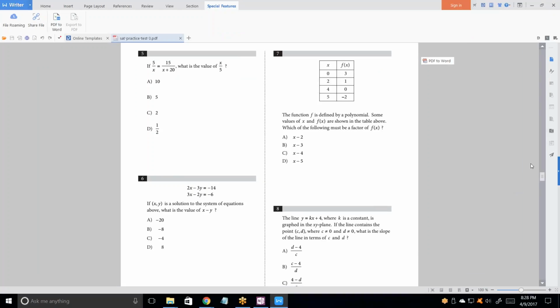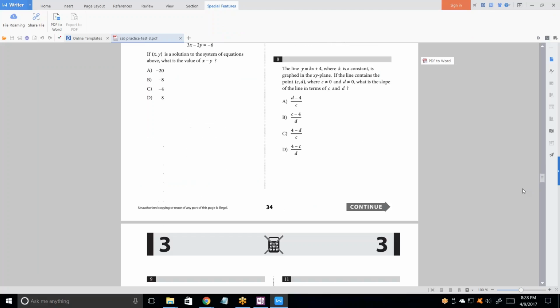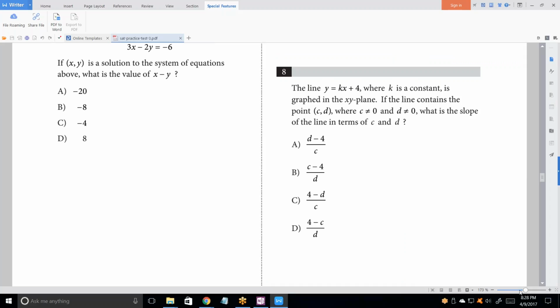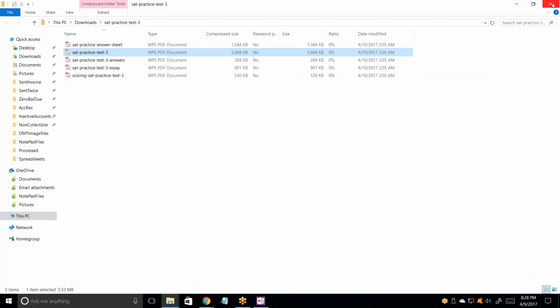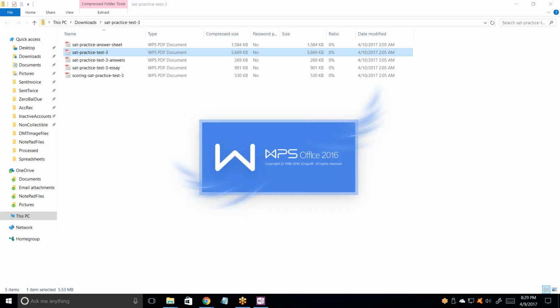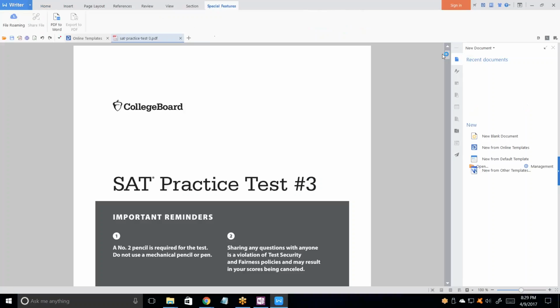So let's go to 8. Okay. 8's another one that's a little tricky. Hold on, let me blow this up a little bit. I feel like it's too tiny for you. There we go. Whoops. Oh, I didn't really do that, did I? It happens. I closed it out. I clicked on the wrong thing.